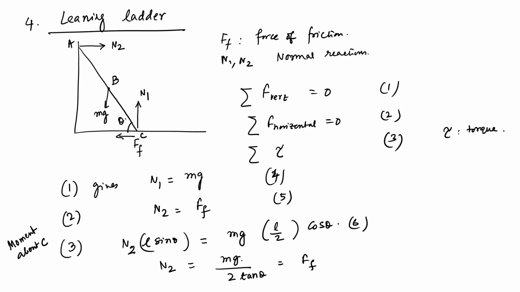That tells us that if the frictional force F_f is less than mu N1, which is equal to mu mg, then the condition that it will stay there is mg over 2 tan theta less than or equal to mu mg.